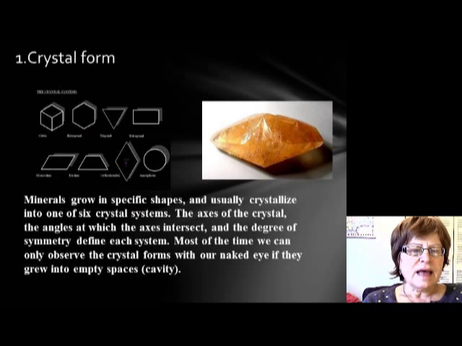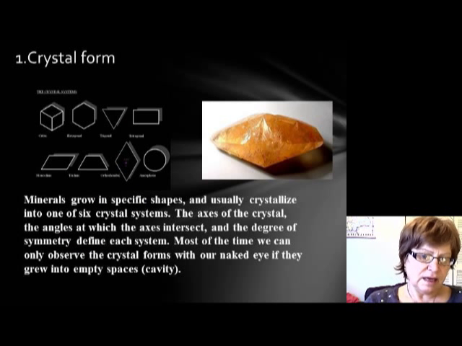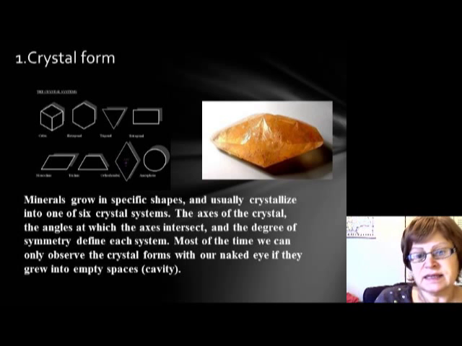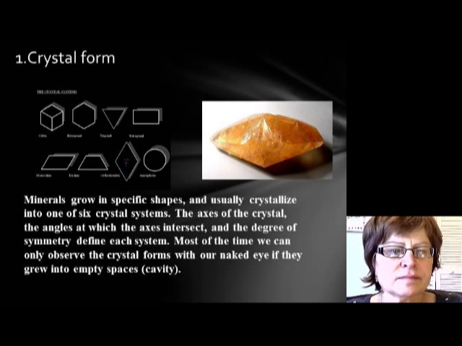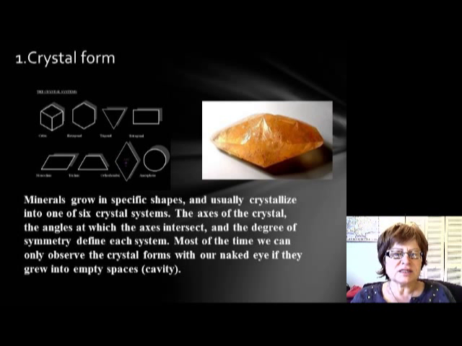Every mineral grows in a specific shape, and it is usually dictated by the inside crystalline structure and the chemical composition. These two actually will make a set of symmetric elements, and based on how many symmetric elements the mineral has, it will belong in one of 6 crystal systems.